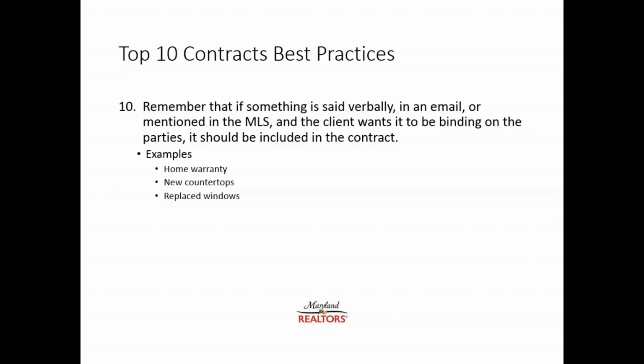So if the seller is offering a home warranty, new countertops, whatever the case may be, you want to make sure that those items are in the contract. It could be in the inclusions section, so make sure that it is in the body of the contract. Otherwise, it's not going to be binding on the parties.